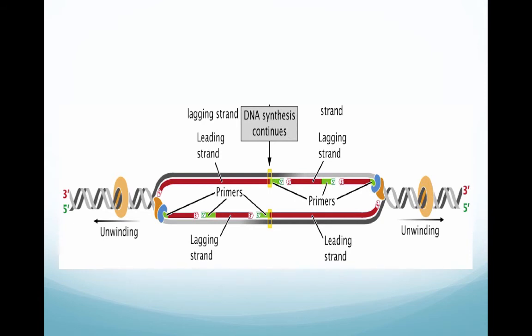And then on the lagging strand, you can see down here that is associated with discontinuous synthesis, and they form Okazaki fragments, and those Okazaki fragments are going to later be glued back together.